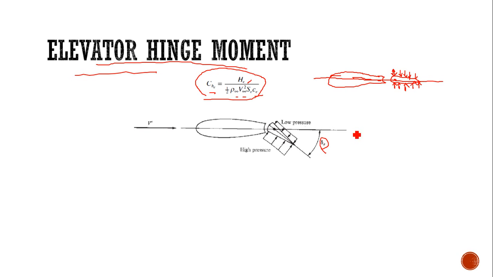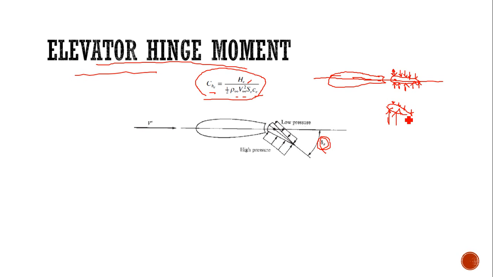When it is deflected downwards, delta E, the elevator trim angle, changes, so there is a variation. If it is deflected downwards, the top surface will have less pressure and more pressure acts on the bottom surface of the elevator.